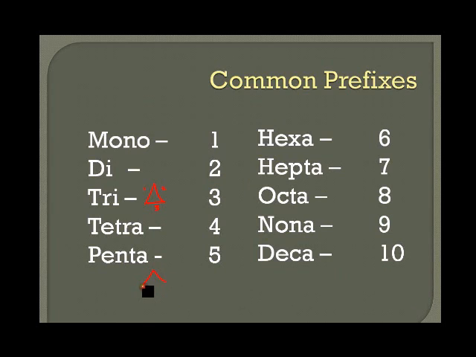A pentagon has 5 sides, and so our prefix penta means 5. Our hexagon, 6 sides. Hexa means 6, hepta 7, octa 8, nona 9, deca 10.